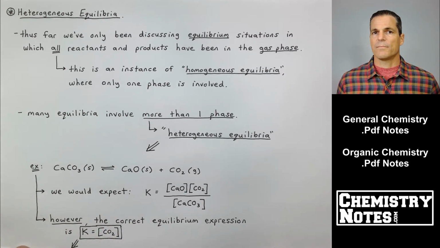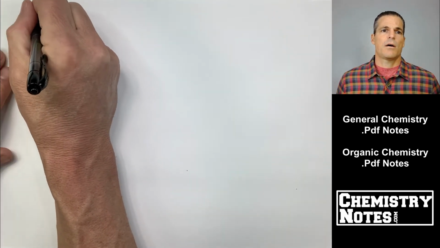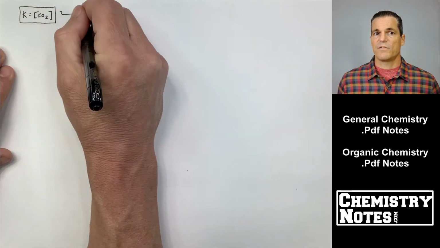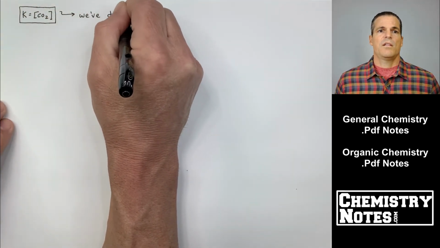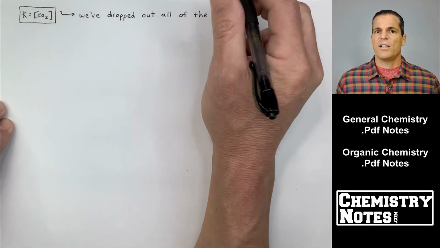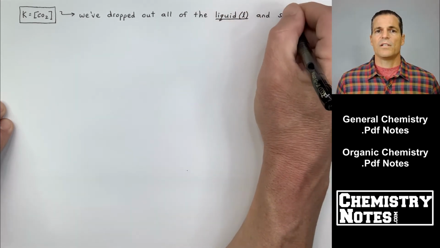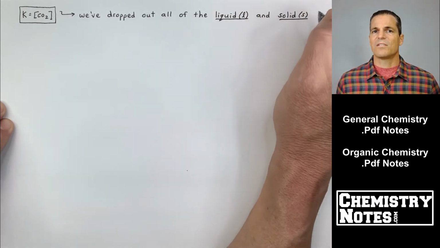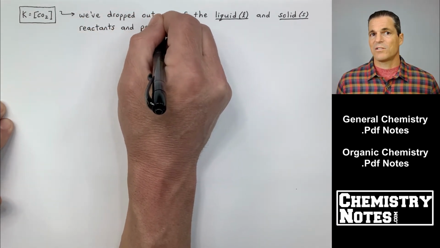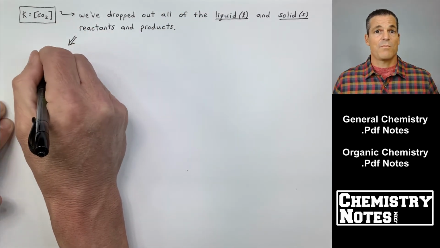So what's going on? Well, let me load page 2 here, and it says, I'll rewrite what our equilibrium expression is. It's K equals the concentration of CO2, and it says we've dropped out all of the liquids, which there weren't any, and solids. So the general rule is you don't include liquids and solids. You can't have a concentration of a liquid and a solid. They're already fully compressed. They're as concentrated as they're going to be.